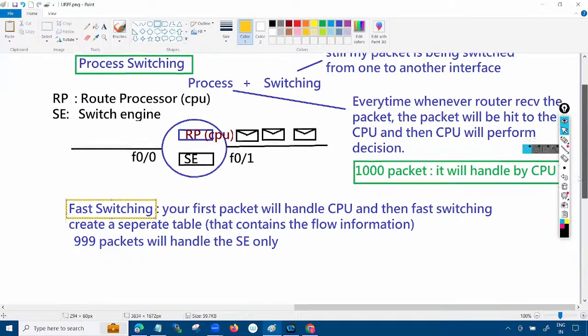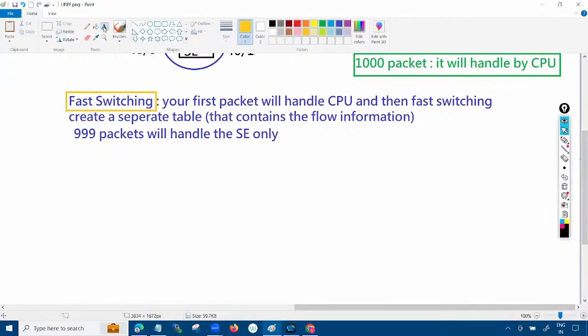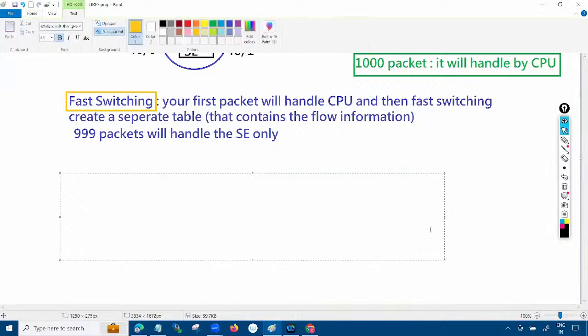And finally, Cisco introduced a mechanism called CEF switching. CEF stands for Cisco Express Forwarding. By default, CEF is enabled on a Cisco router, right?